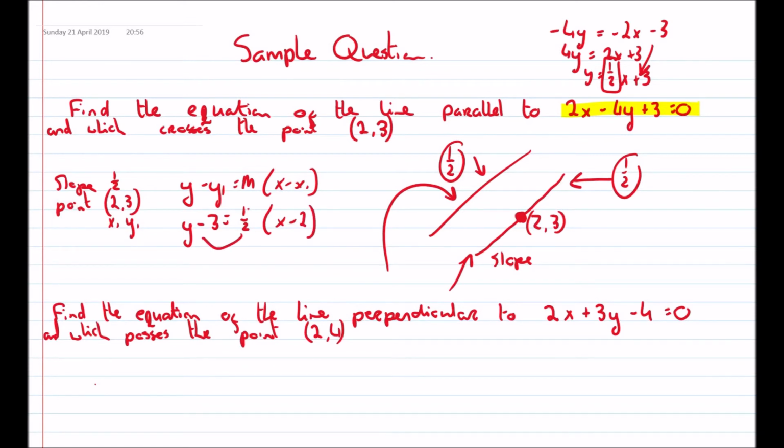Multiply this side by the 2 and we get 2y minus 6 equals, and this side by the 1, which is just x minus 2. And we'll get our x over here, so it's minus x plus 2y minus 6 plus 2 is minus 4 equals 0. And that will give us, I'll just do it here, x minus 2y plus 4 equals 0. So there's our answer to that.